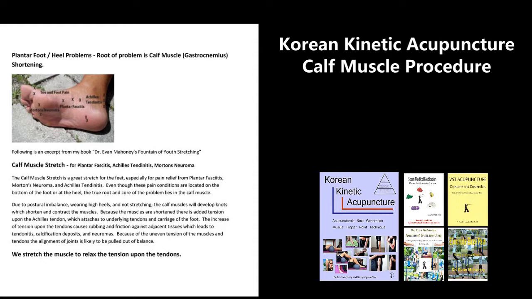The increase of tension upon the tendons causes rubbing and friction against adjacent tissues, which leads to tendonitis, calcification deposits, and neuromas. Because of the uneven tension of the muscles and tendons, the alignment of the joints is likely to be pulled out of balance. We stretch the muscle to relax the tension upon the tendons.